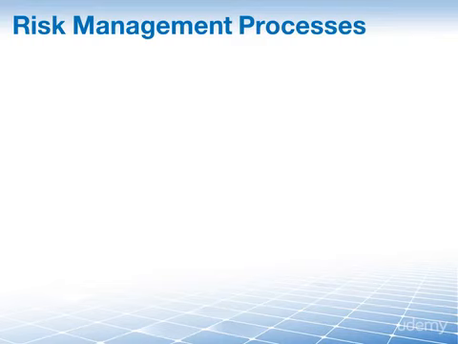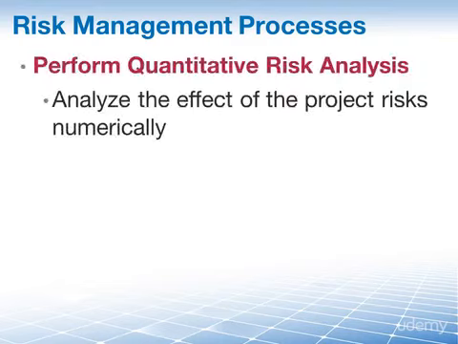Those risks that have the highest probability and impact assigned to them will then be moved on to the perform quantitative risk analysis process, which is the process of numerically analyzing the effect of identified risks on overall project objectives.